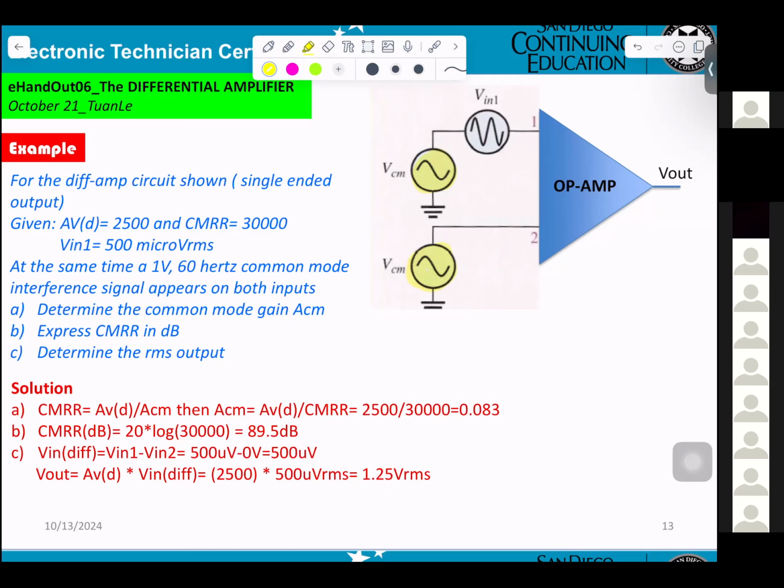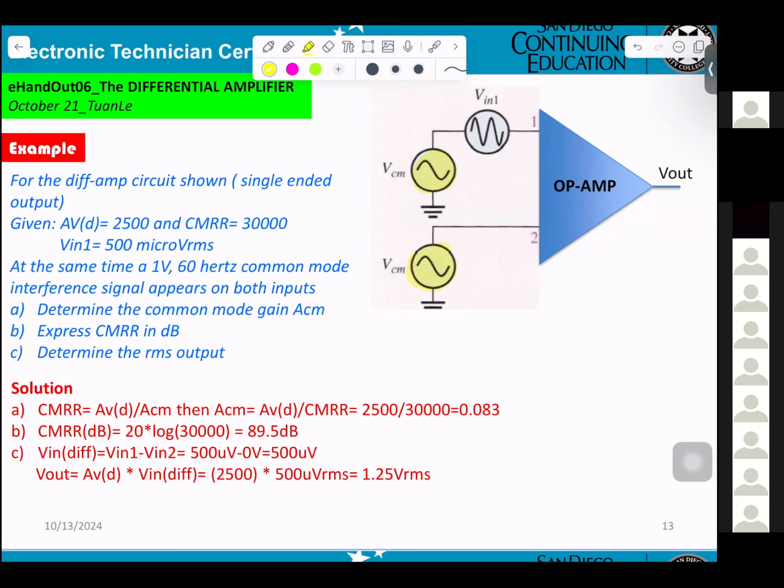VCM, common mode. They give you AVD 2,500, and CMRR 30,000.